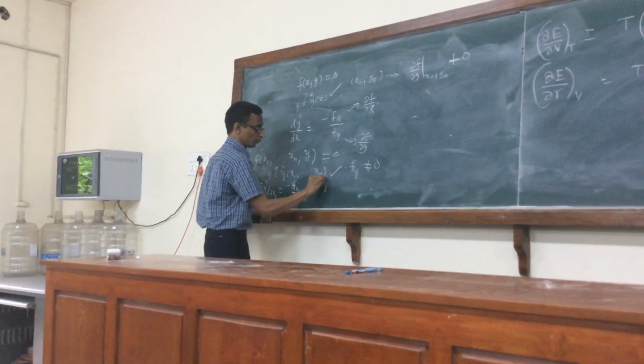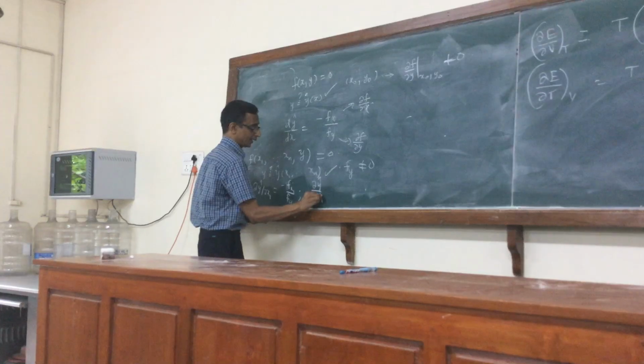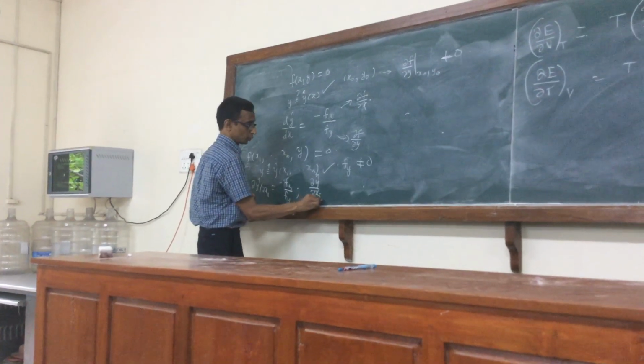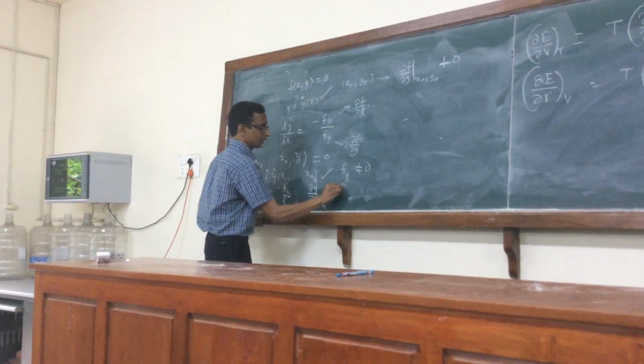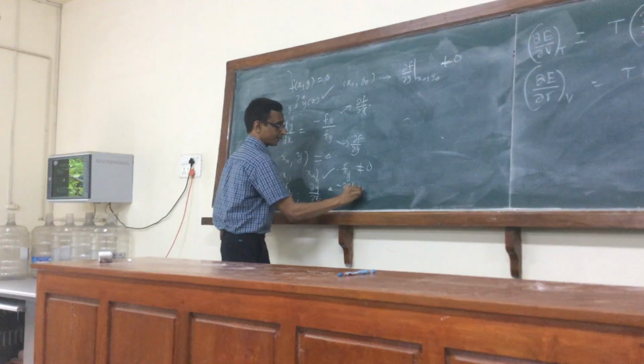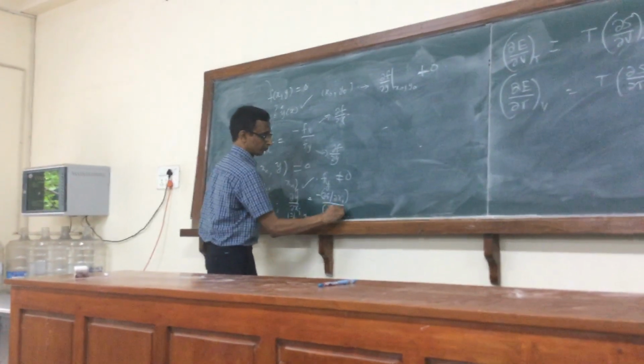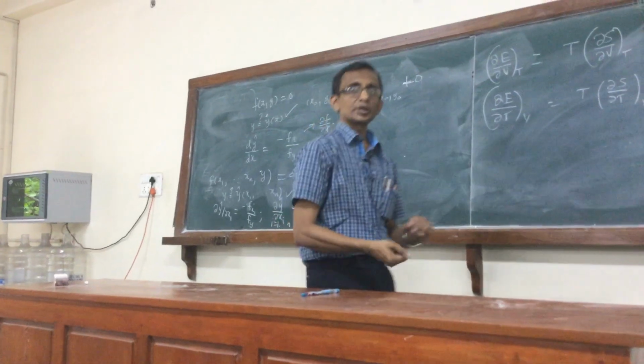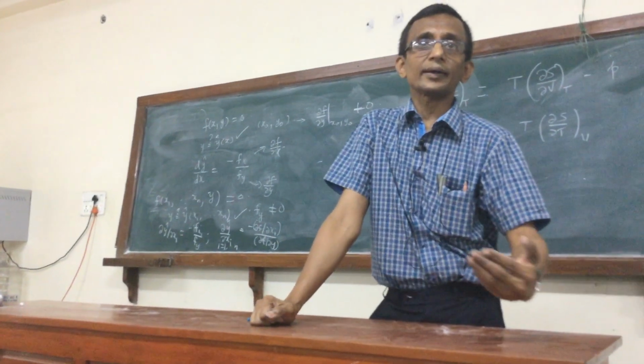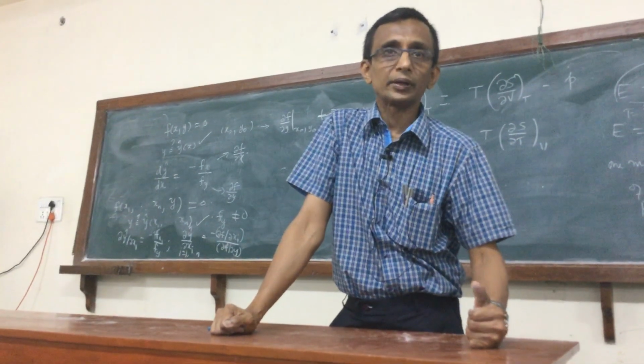So I can write a common formula, dy by dxi, where i goes from 1 to n, is minus df by dxi over df by dy. Again, the condition says something should not vanish, that derivative will always come in the denominator.